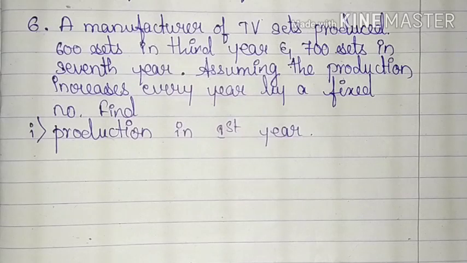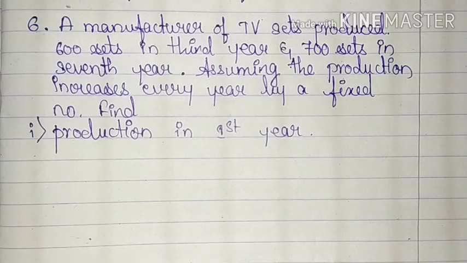Here they have given us that the number of TV sets produced in the third year is 600. Also, the number of TV sets produced in the seventh year is 700, and it increases by a fixed number every year. So every year there is a fixed number which is added to the previous number.